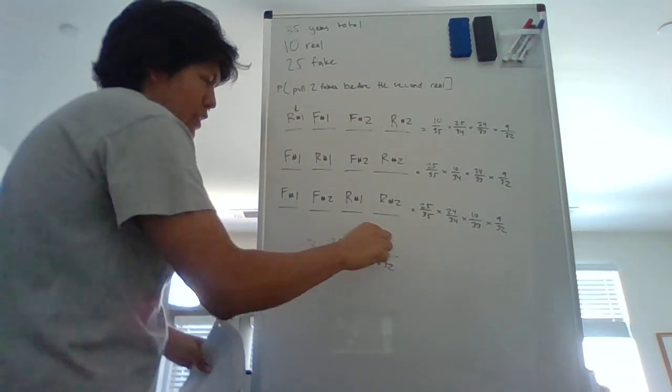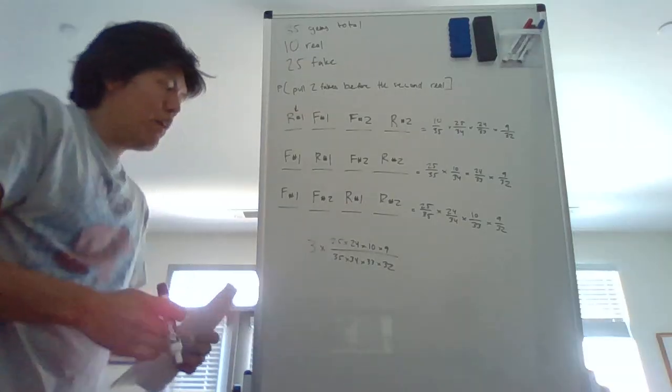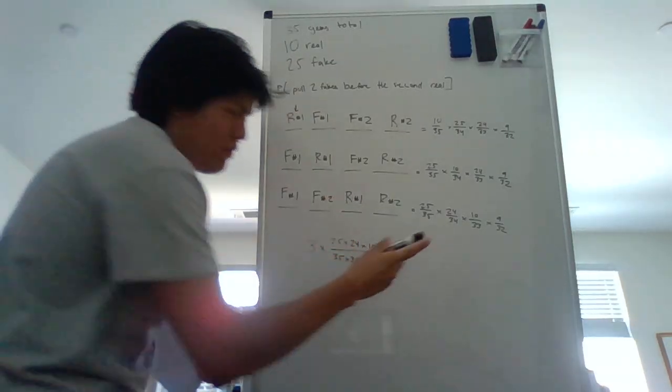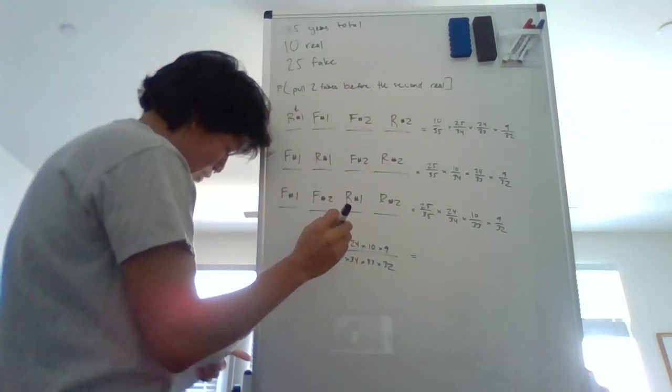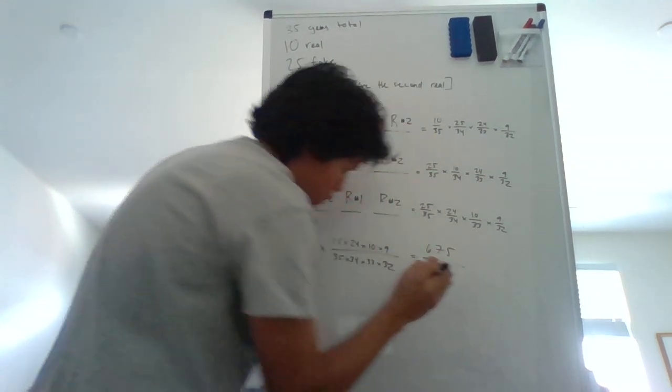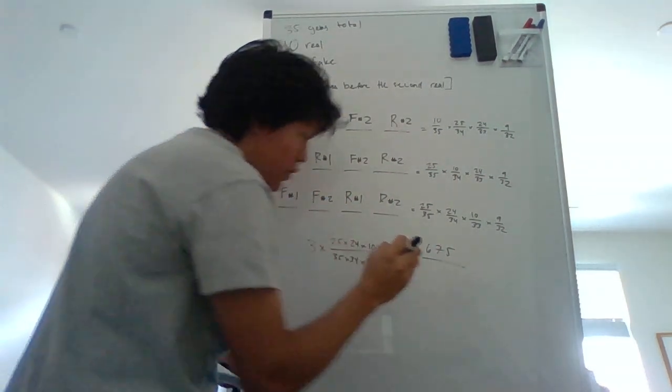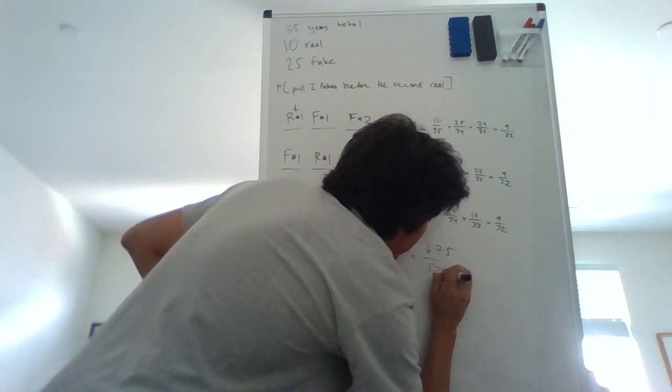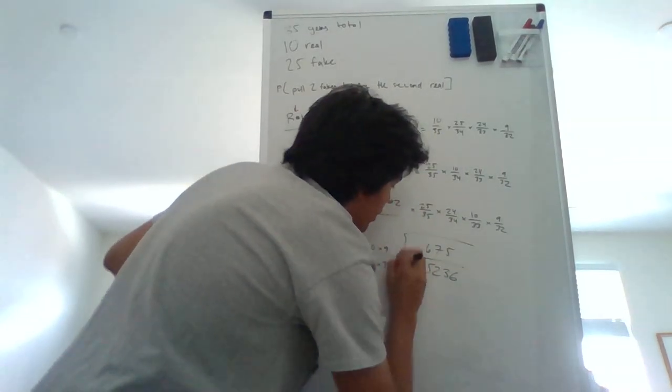And that is our answer. If you multiply this out, you get 675 over 5236. That's our answer.